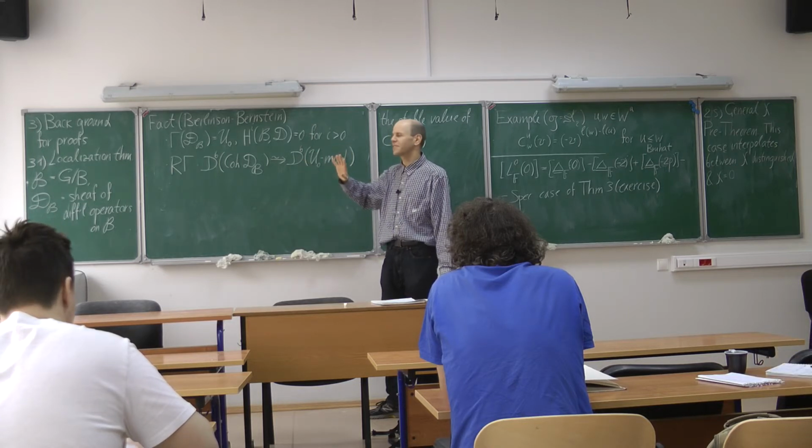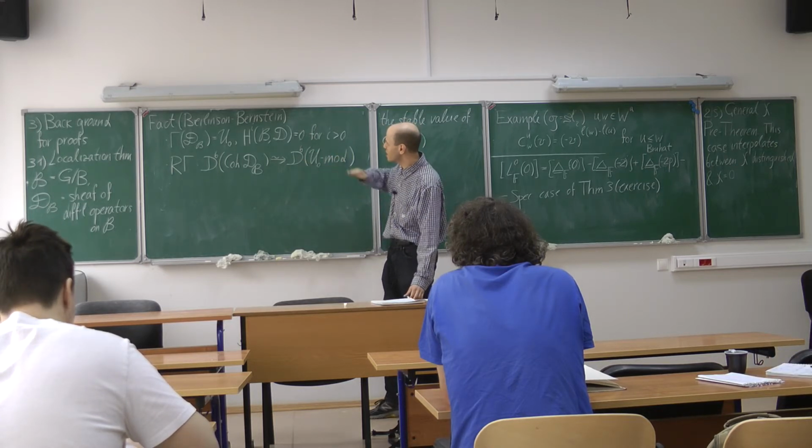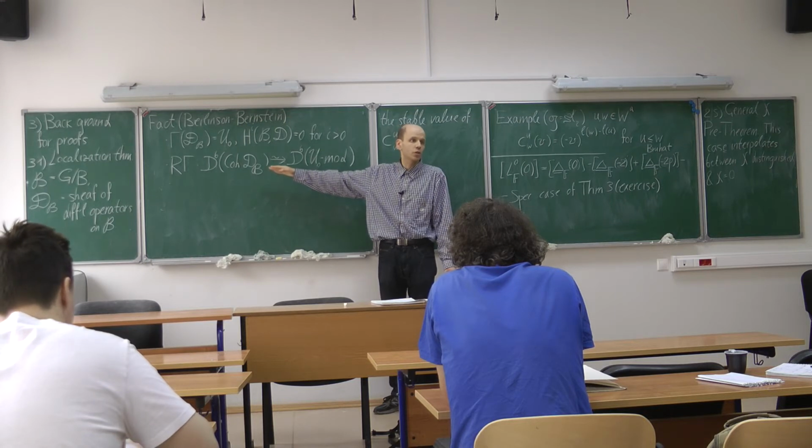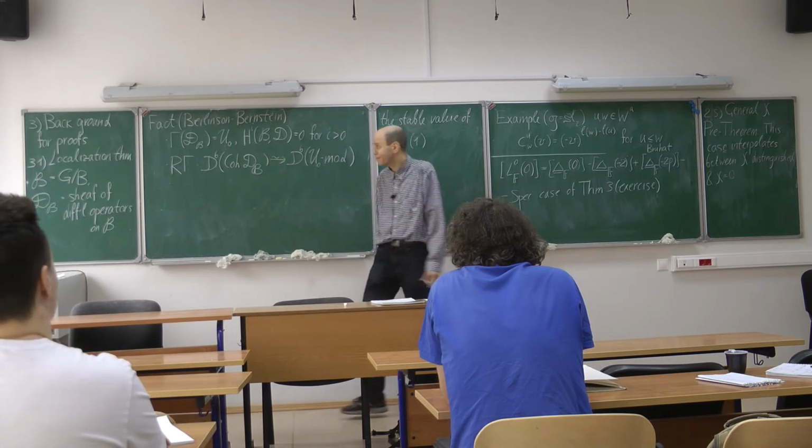Wait. So what I was going to say is that, of course, Beilinson and Bernstein worked in characteristic 0, but the same statements are true in characteristic p large enough, like larger than the Coxeter number.